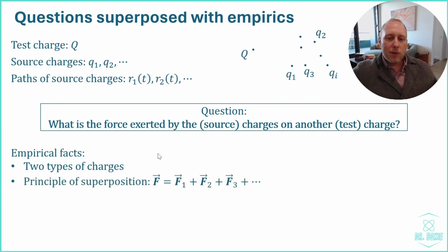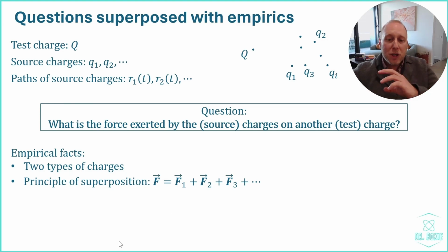Additionally, there is also something known as the principle of superposition. What it says is that if we want to know the total force exerted on the test charge capital Q, we can actually calculate the force exerted by each of the source charges separately. So F1 is the force exerted by Q1 on the test charge, as if all the other source charges were not there.